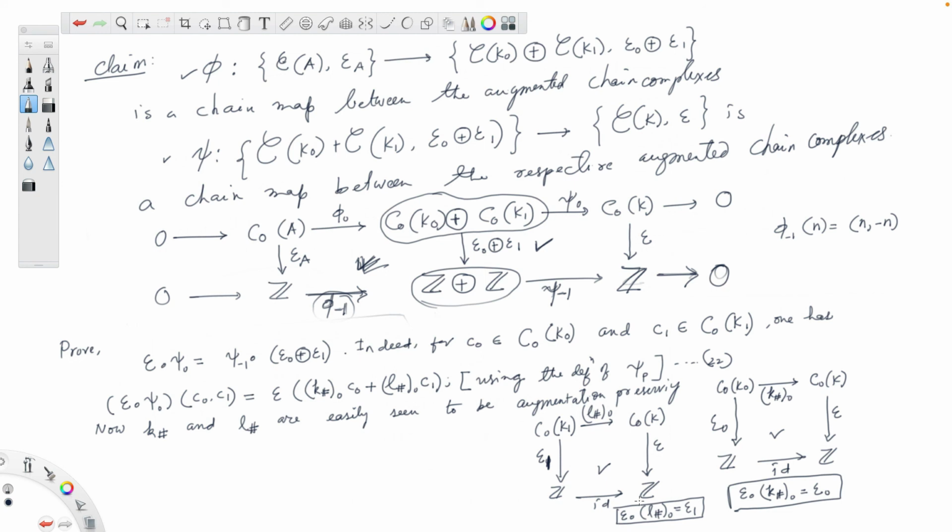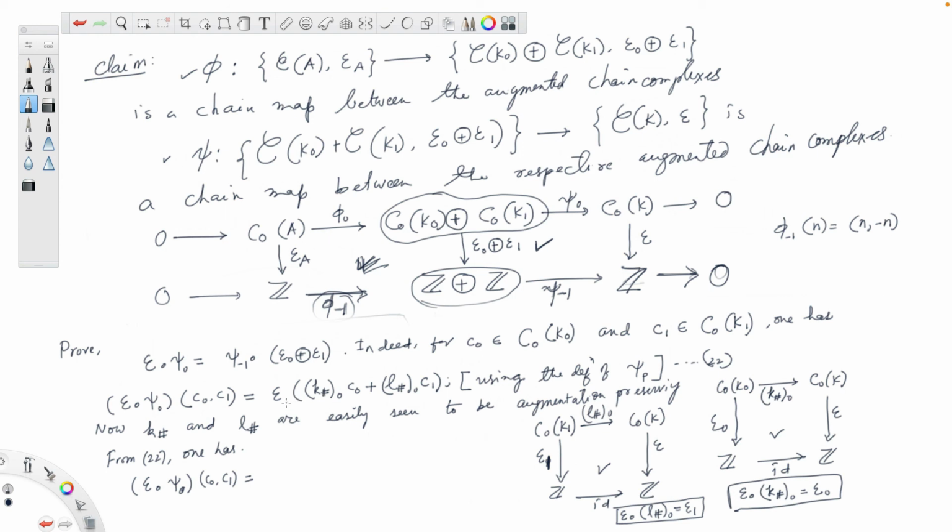So from these two equalities, one obtained from equation number 20, from 22 one has epsilon composed with psi 0 acting on C0 comma C1 is equal to what?